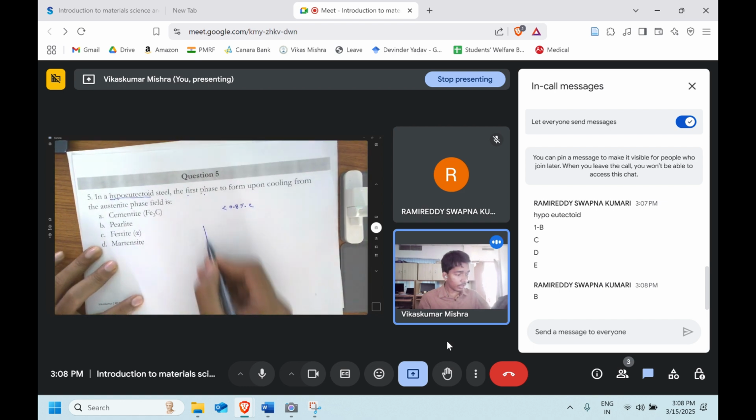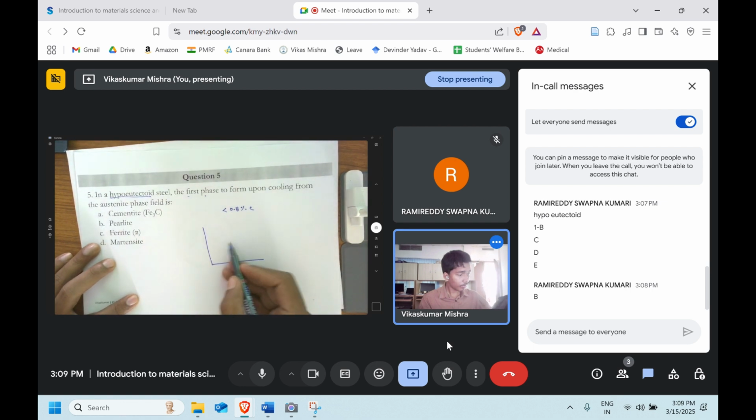So, let's take a phase diagram. Here we have austenite. Here we have alpha ferrite. Here we get pearlite, which we just discussed is a mixture of alpha ferrite, alpha iron, and Fe3C.